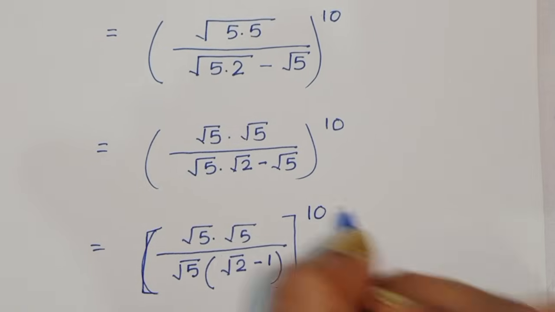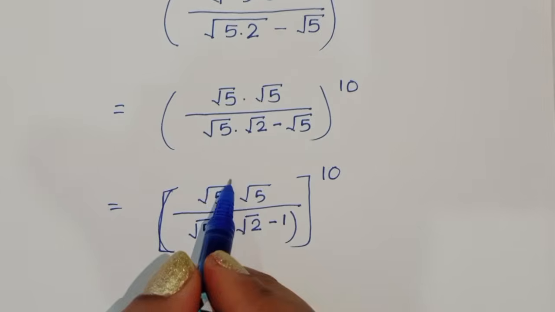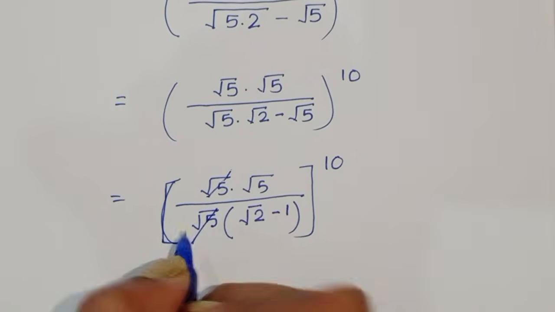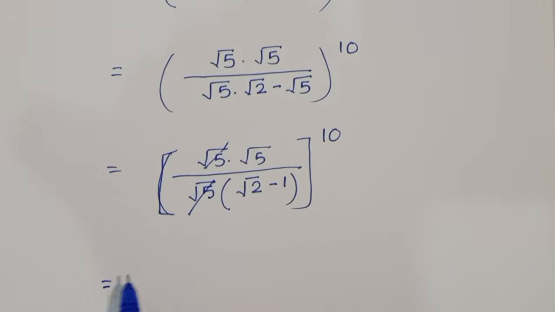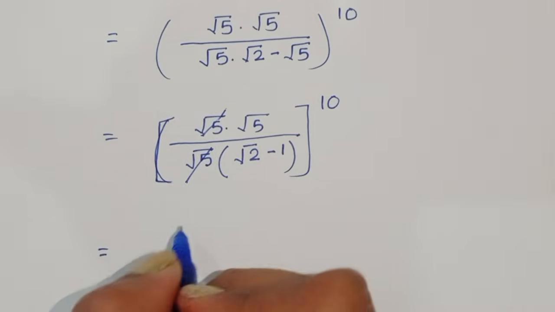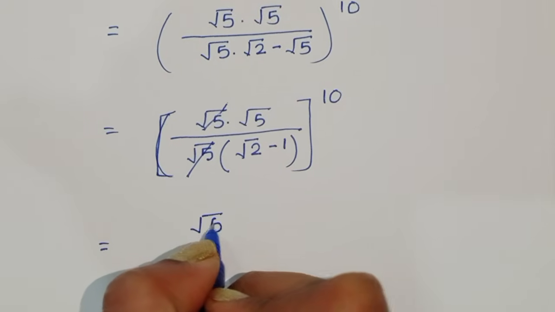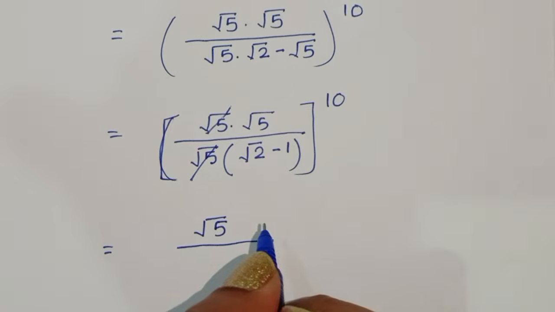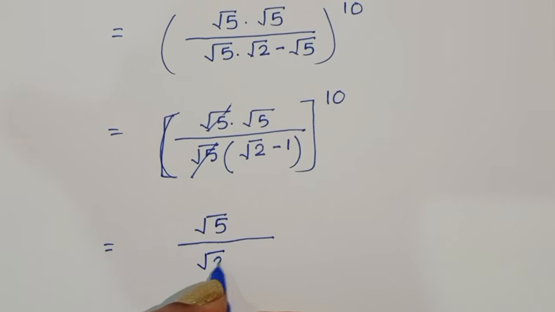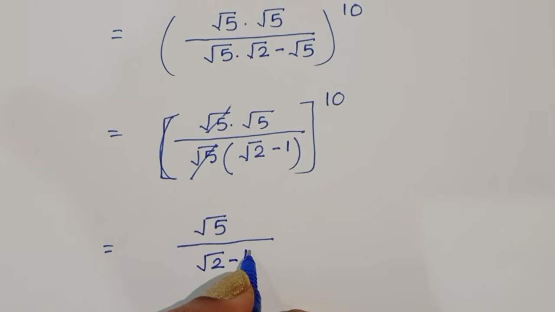Now square root of 5 cancels with square root of 5, so we get square root of 5 divided by square root of 2 minus 1.